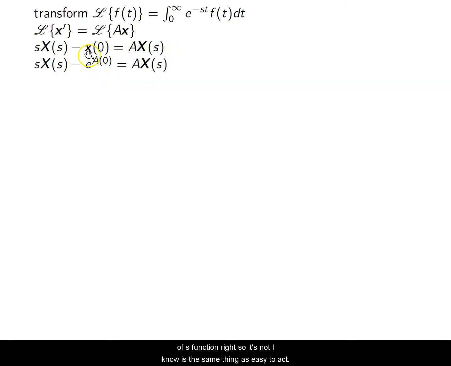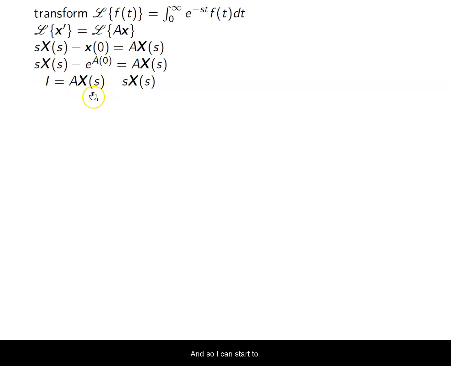So x naught, I know, is the same thing as e to the a times 0, so just 1 basically, or the identity matrix.